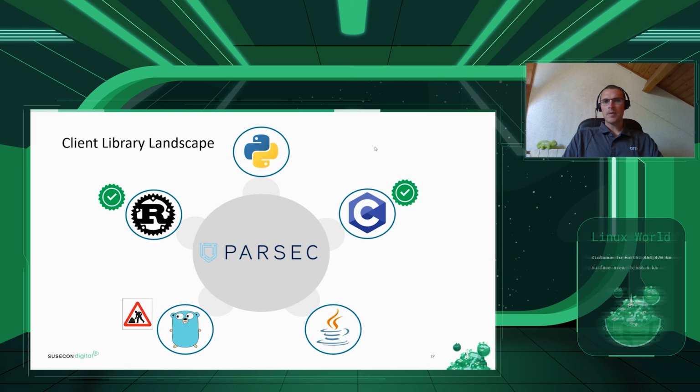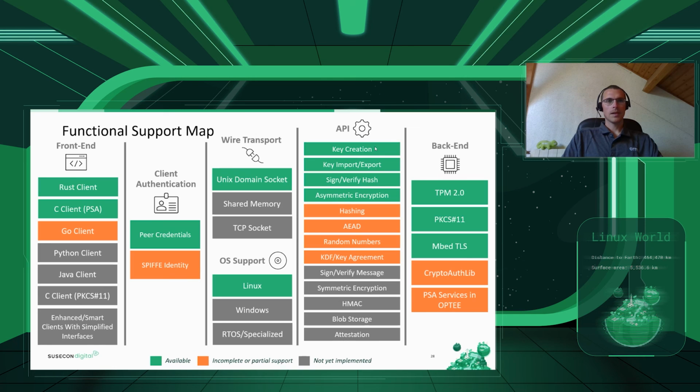On the client library landscape, you have the C library ready and also the Rust library. The Go library is still work in progress, and Java and Python are not ready yet. Here is the full functional support map. About the front end, you have the Rust client and C client, as I told you, and the Go client is still work in progress.